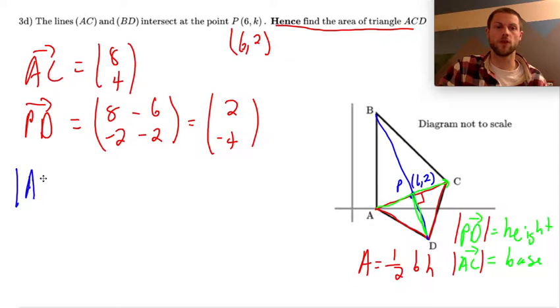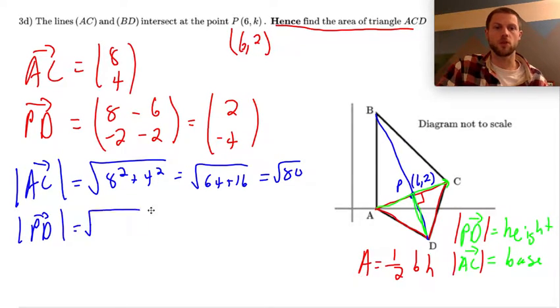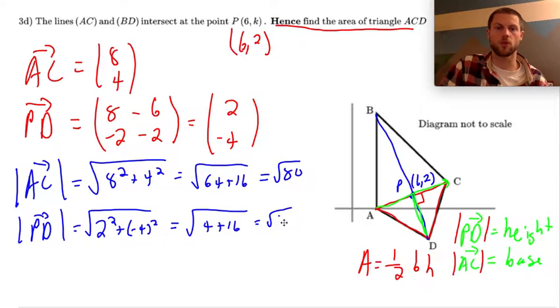The magnitude of AC is going to equal the square root of 8 squared plus 4 squared, which is equal to the square root of 64 plus 16, or the square root of 80. And the magnitude of PD is going to equal the square root of 2 squared plus (-4) squared, which is equal to the square root of 4 plus 16, which is equal to the square root of 20.